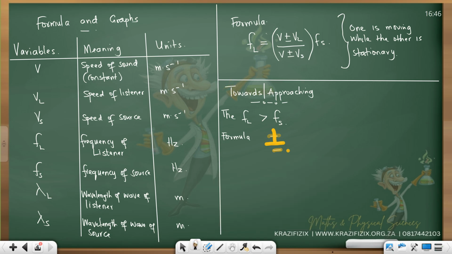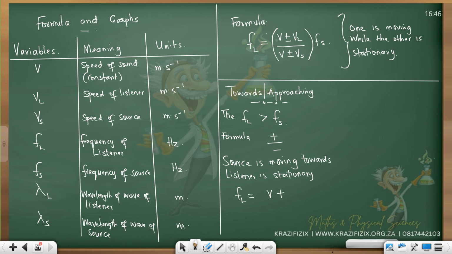Okay. So give me an example. Let's say our source is moving and the listener is stationary. What's going to happen? FL would be equal to V. If it's moving towards, it means automatically plus.